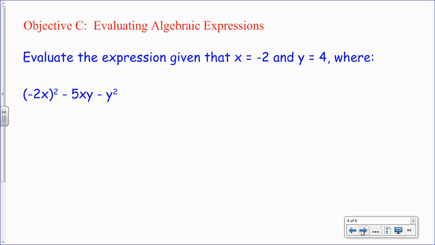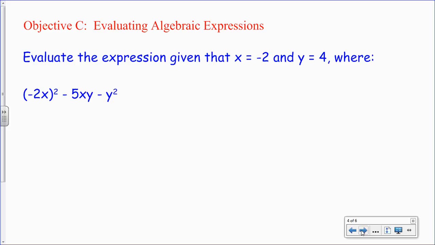Anytime you plug a number in, use parentheses. Again, this seems like a really easy question. These questions are actually on the ACT too. But just by plugging it into your calculator wrong or writing it down wrong with parentheses, you can get the wrong answer pretty easily here. So to avoid making mistakes, this is what I say to do.